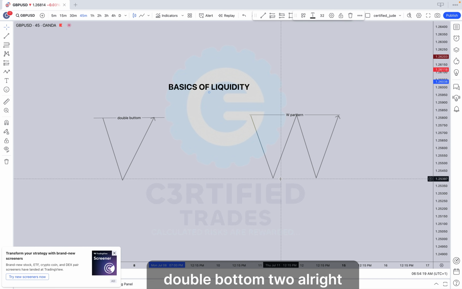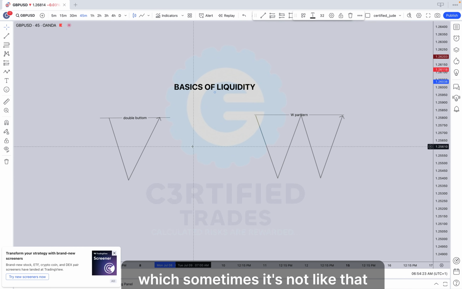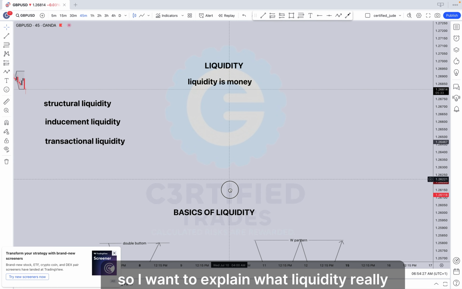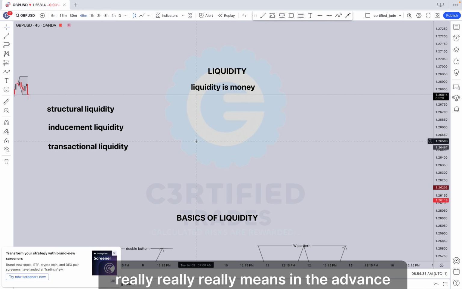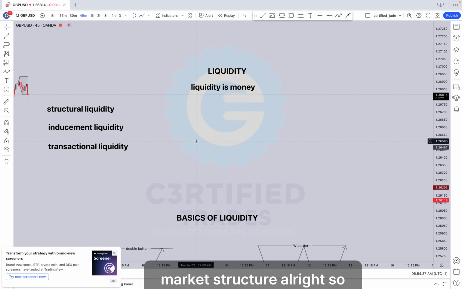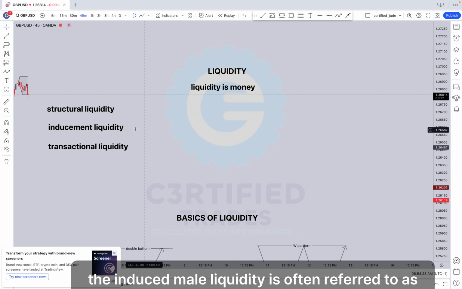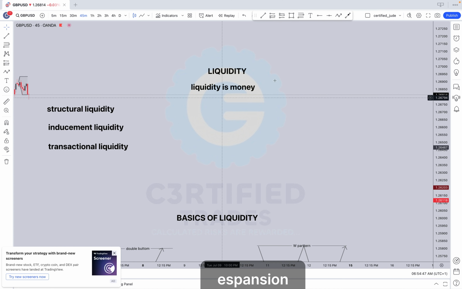They just see this as liquidity, which sometimes is not like that. So I want to explain what liquidity really means in the advanced market structure.